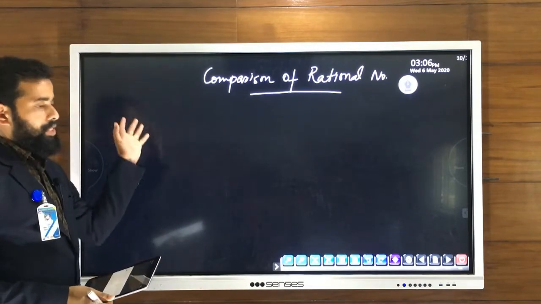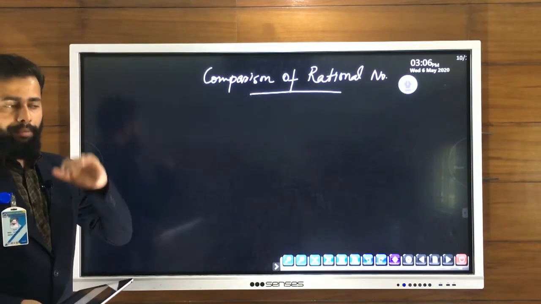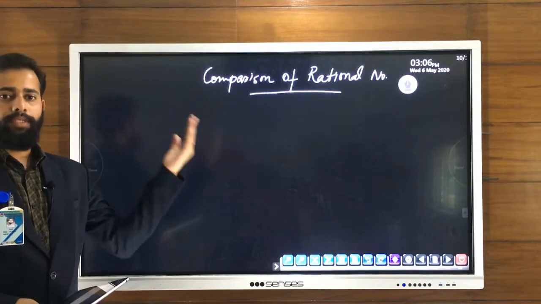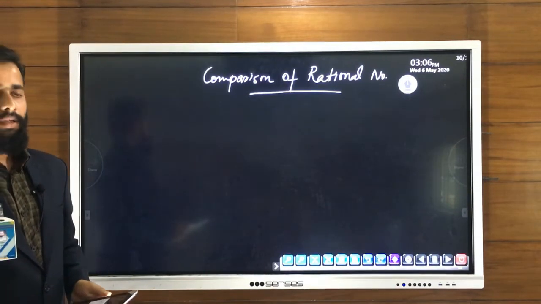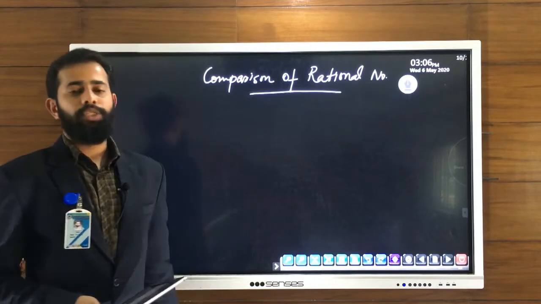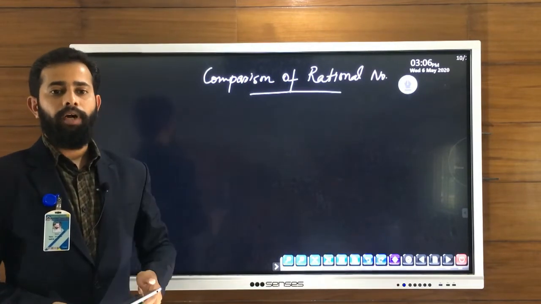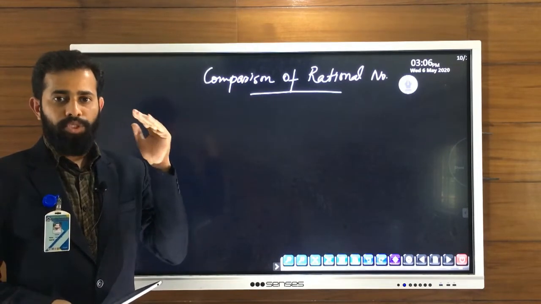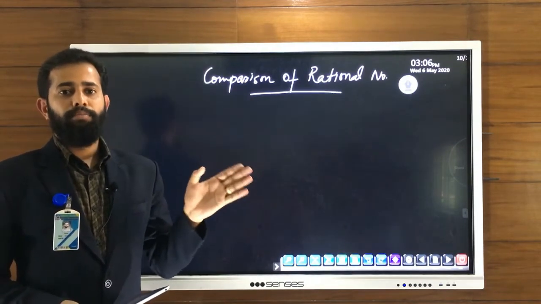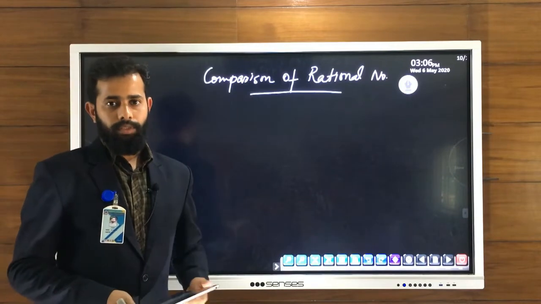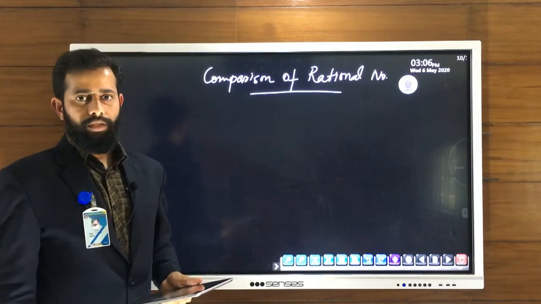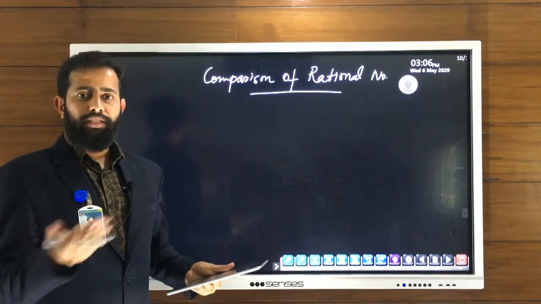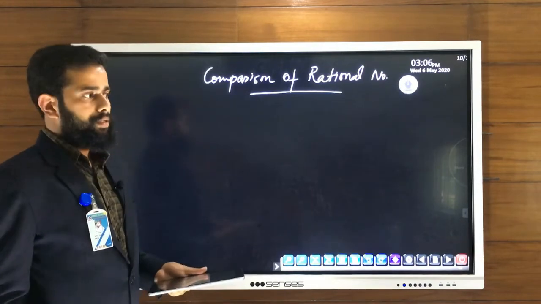First of all, the two rational numbers may have different numerators and different denominators. So when comparing two rational numbers, the first step is to change those rational numbers into equivalent fractions by making their denominators equal.